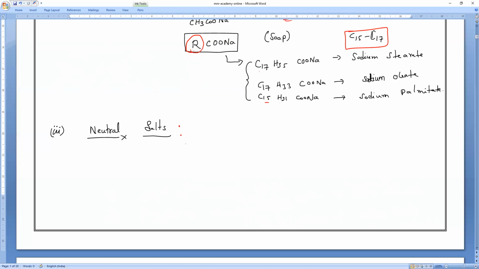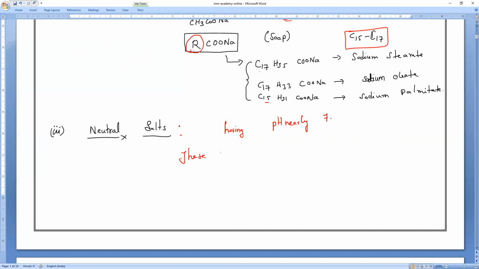Neutral means, as we all guess, what is the pH value? The pH value is equal to 7. The solutions are neutral in nature and have pH nearly equal to 7.